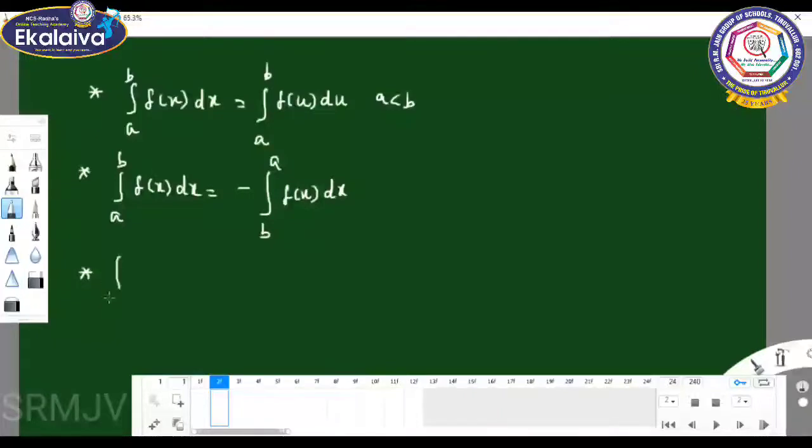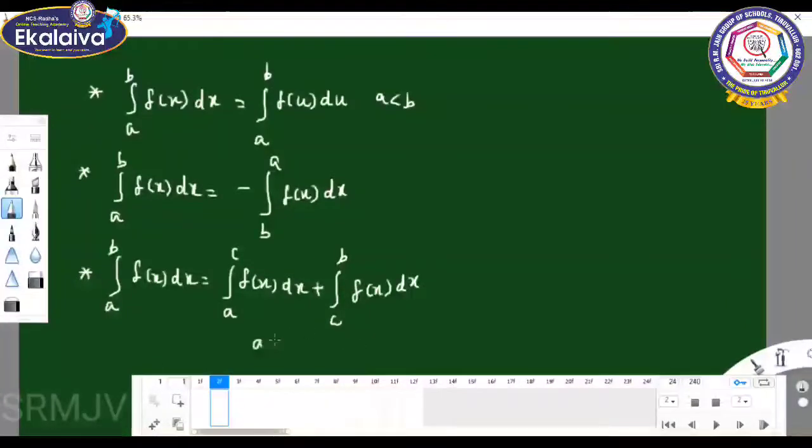Integral a to b f of x dx equals integral a to c, c is the common limit, f of x dx plus integral c to b f of x dx, where a is less than c less than b.